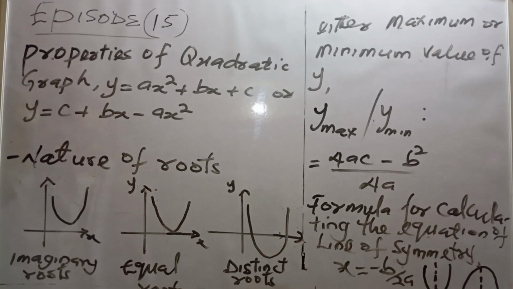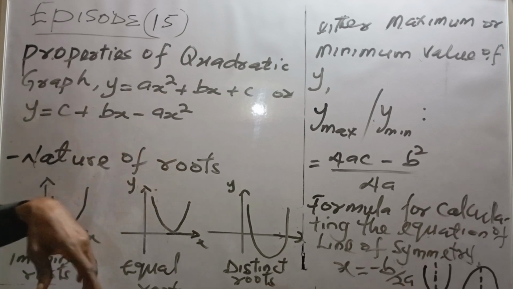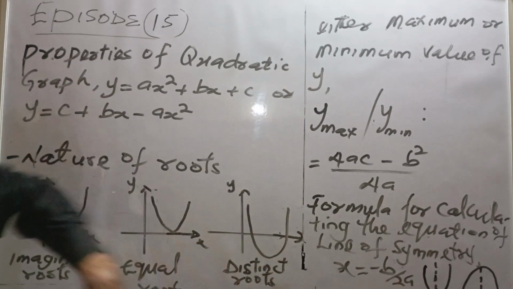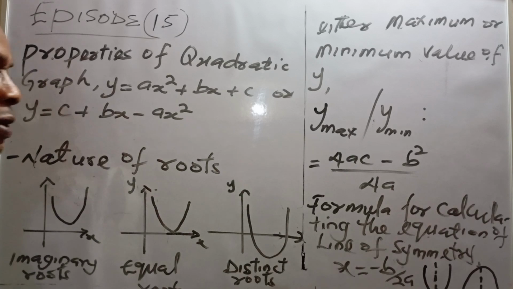I think this is all for the quadratic graph, the properties of a quadratic graph. When you know all this, you discover that plotting a quadratic graph will be very easy for you.